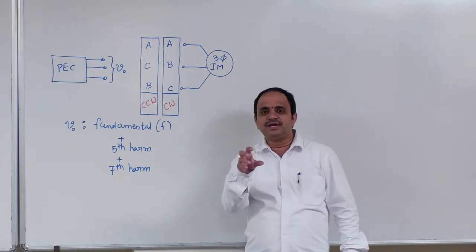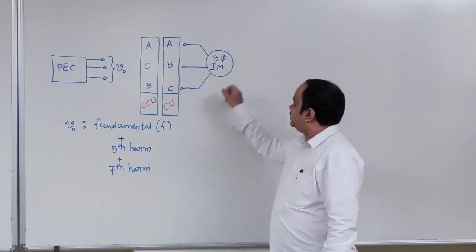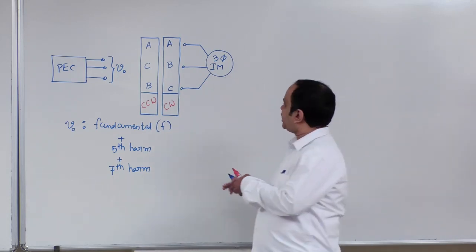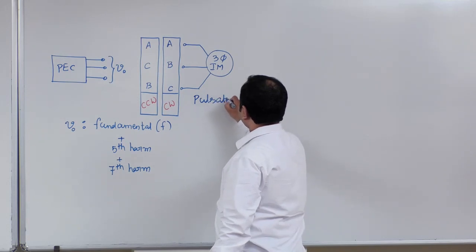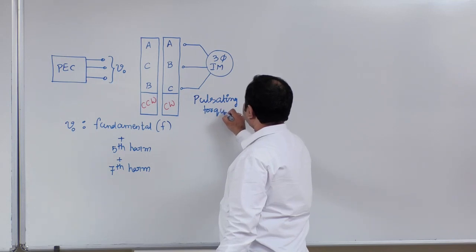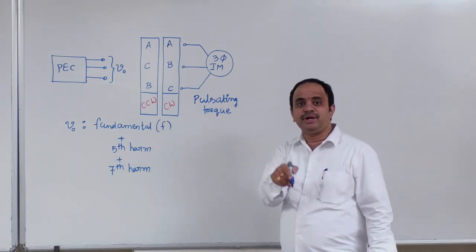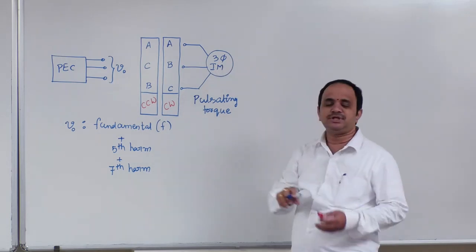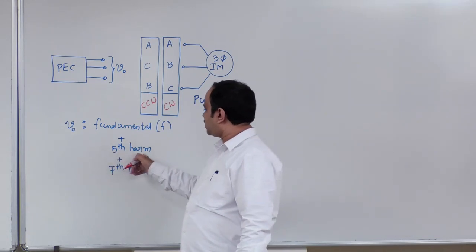Because of that distorted sinusoidal flux in the air gap, this induction machine will operate with pulsating torque. Who is the main culprit for operating the induction machine with pulsating torque? That is the fifth harmonic component.